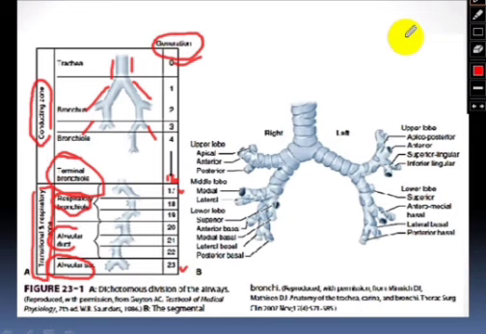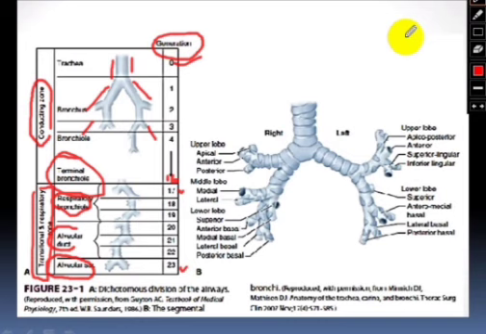Gaseous exchange actually occurs within these alveolar sacs. We shall get to that.